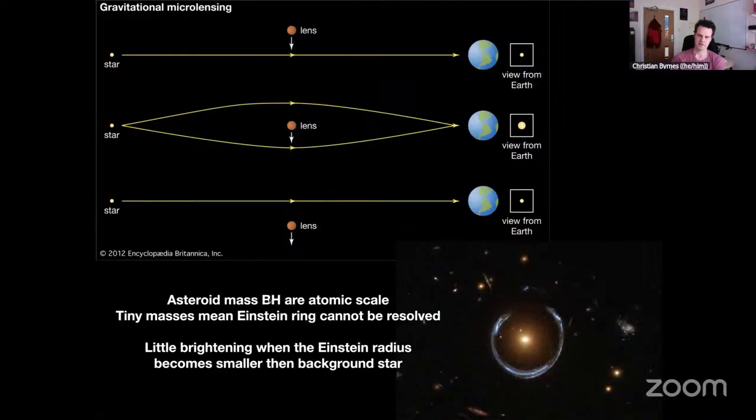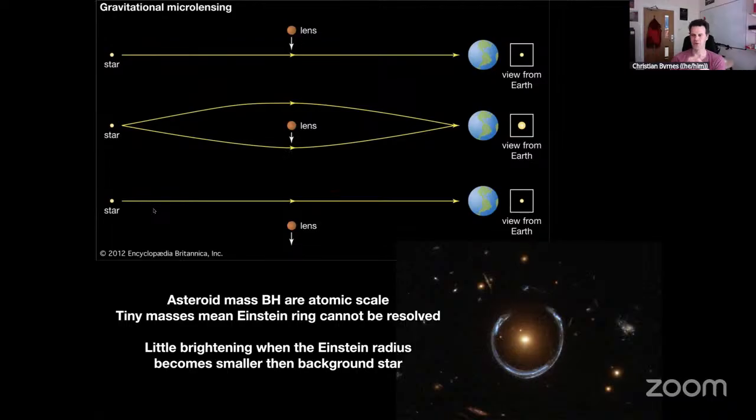One important effect which had been neglected was that the background stars themselves have a finite size. And the calculation is normally done in what's called the point source approximation, so treating the background star as being a single point. But that's not always good enough, because when you're searching for extremely low mass microlenses, then you have to worry about whether it's a strong enough effect to in fact lens all of the background star or just some fraction of it.